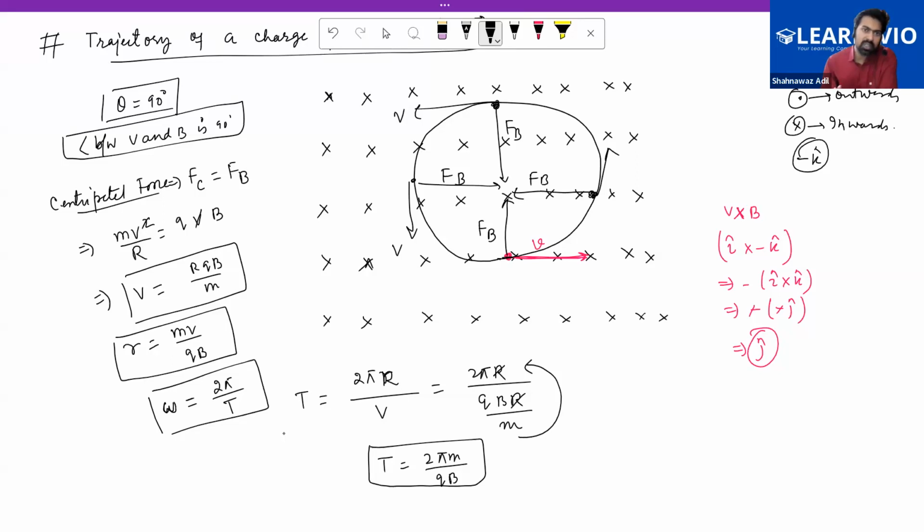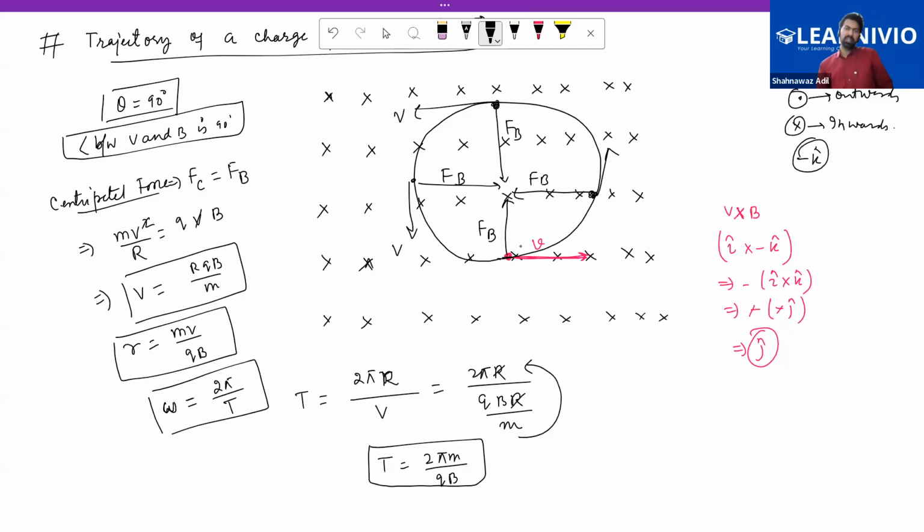So all these things we can calculate. Please note this thing down, and if you guys have any doubt, please say. Quickly note this thing down. So this was when the charged particle is making 90 degrees. If it is making 0 degrees with the magnetic field, then the magnetic force would be zero, so there would be no circular motion.